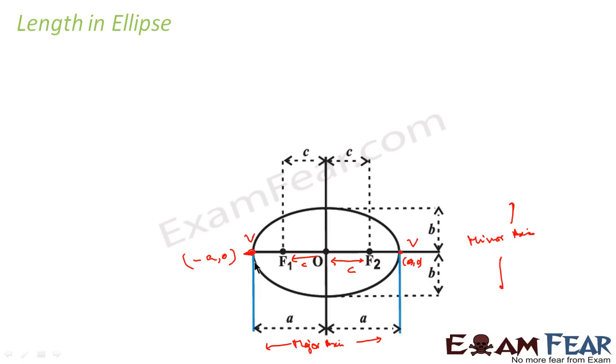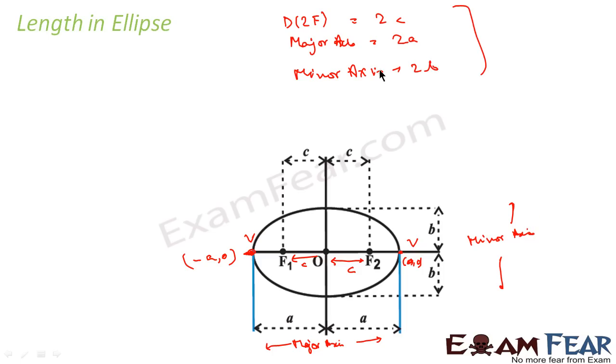So what we have seen is that the distance between the two foci is 2c. The length of the major axis is 2a, and the minor axis is 2b.